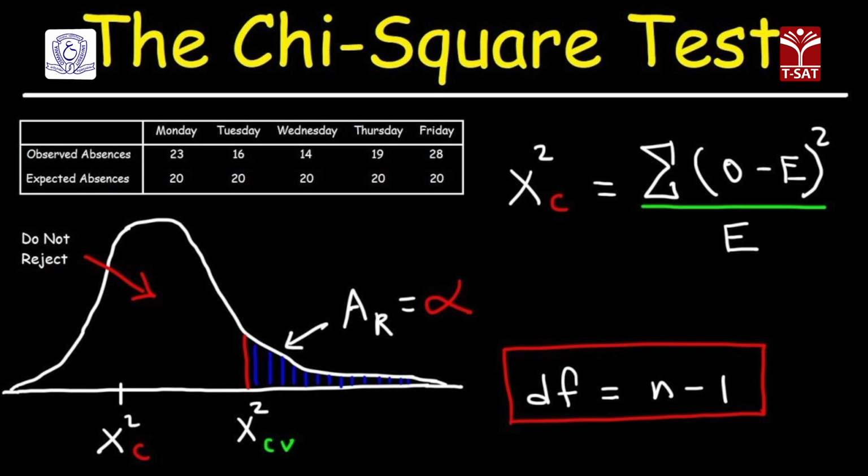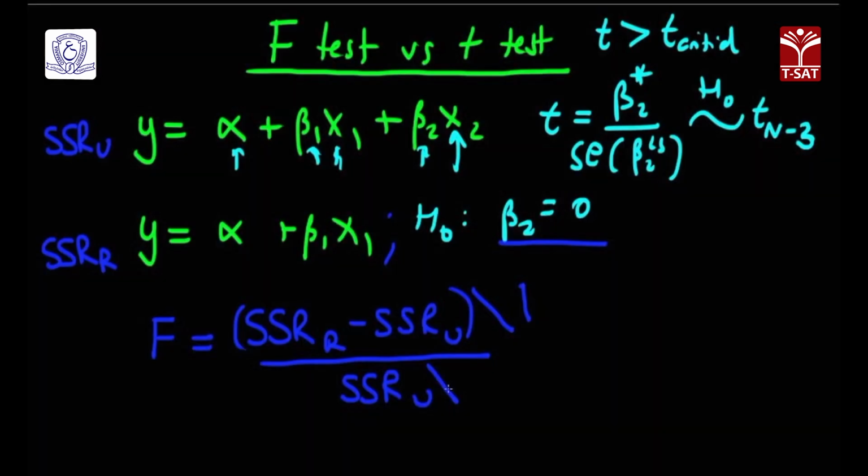Chi-square test is used in hypothesis testing. It helps to decide whether to accept or reject the null hypothesis. The difference between the t-test and f-test is that t-test is used to test the hypothesis whether the given mean is significantly different from the sample mean or not.